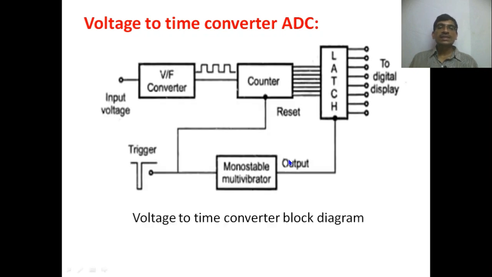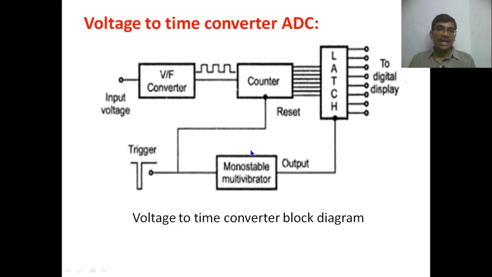Let us see the diagram. If the input voltage is greater, the V2F converter will give a higher frequency. Based on that frequency, the counter will increase its count. When we apply the negative going signal at the trigger of the monostable multivibrator, it enters the quasi-stable state, which is logic 1, and this logic 1 is given to the latch, which does not do any operation.